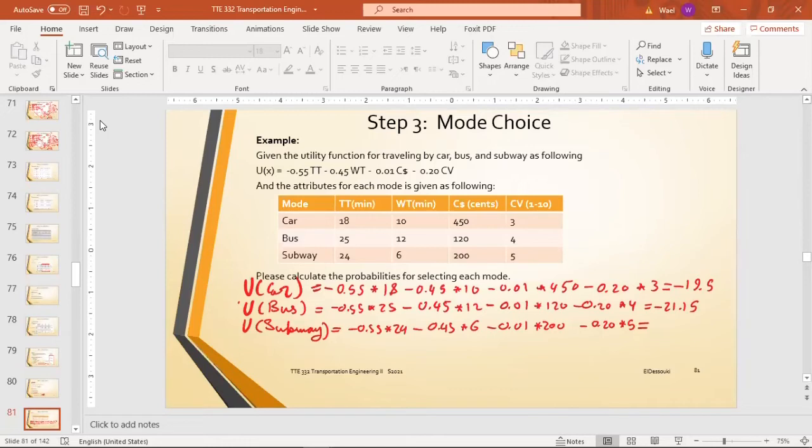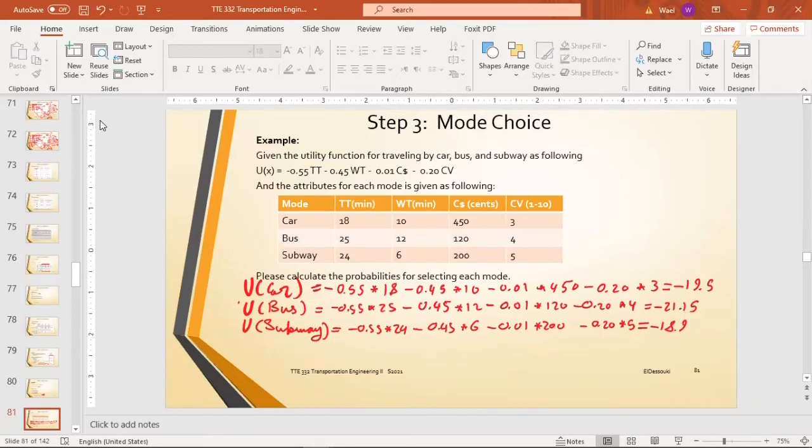And what are the units, by the way? There are no units for utility functions. As you can see, it's a function that aggregates different values with different units in one formula. Okay, the last one is minus 18.9.